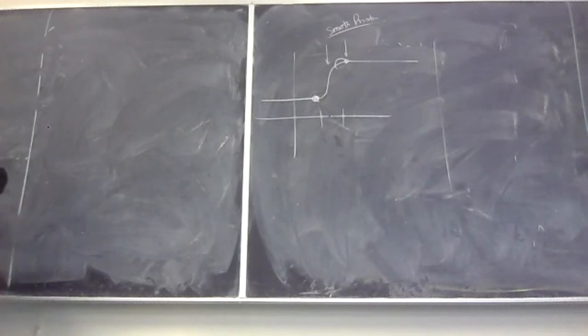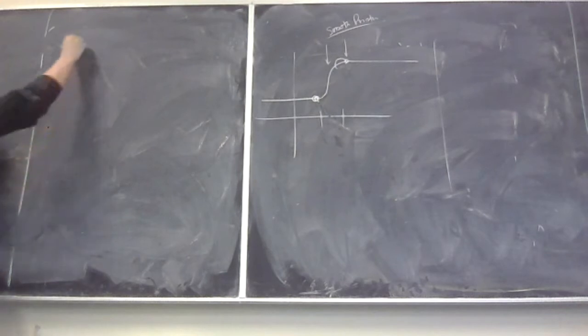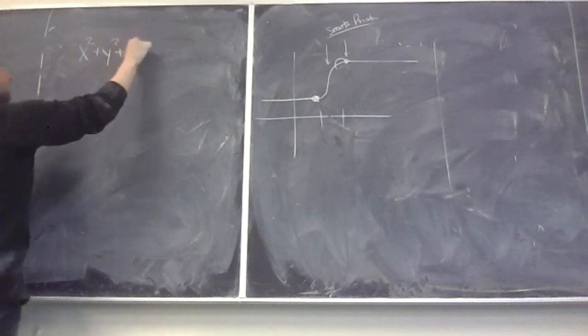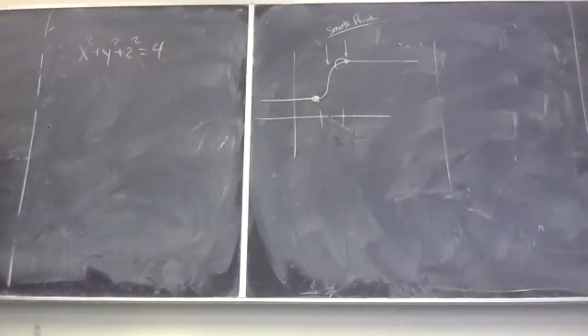So it turns out there are a lot of surfaces that you can define in R3 that aren't even functions. It's like, what is this? Radius. Is it a function of x and y?